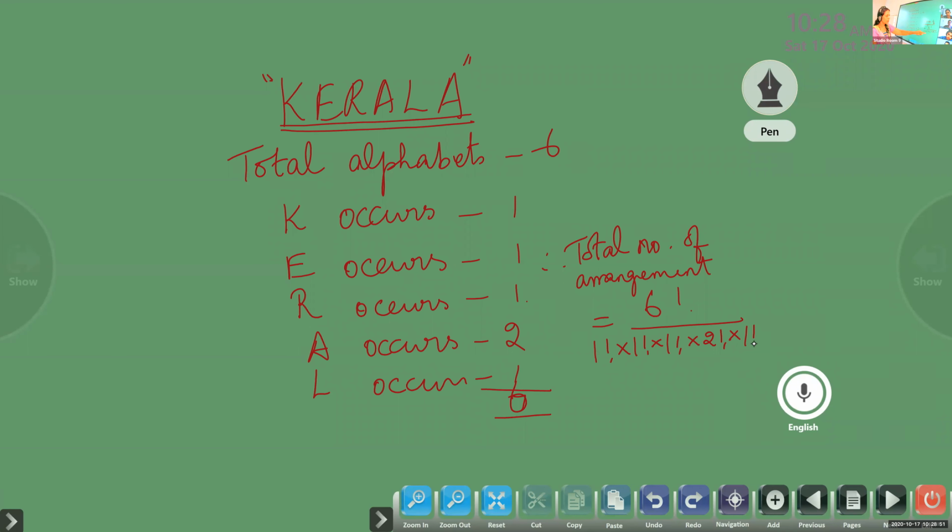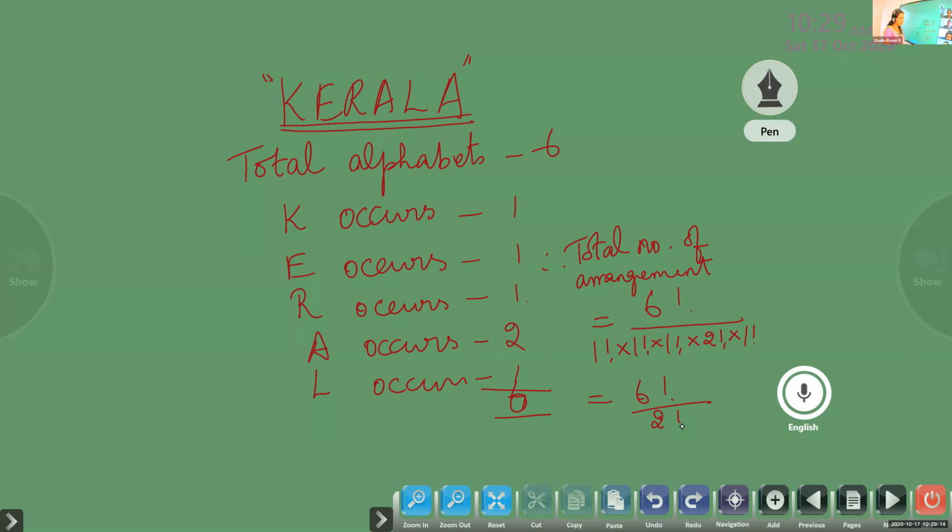This is the product of factorials of occurrence of each alphabet. Total alphabets you write on the top. So it is 6 factorial by 2 factorial, which is same as 6 factorial by 2 factorial.